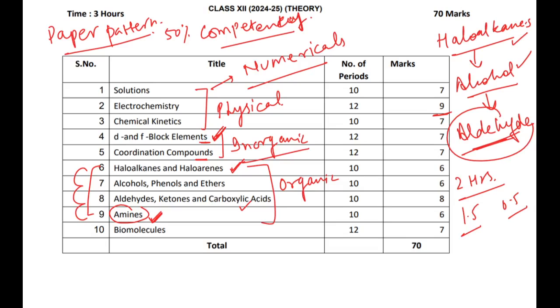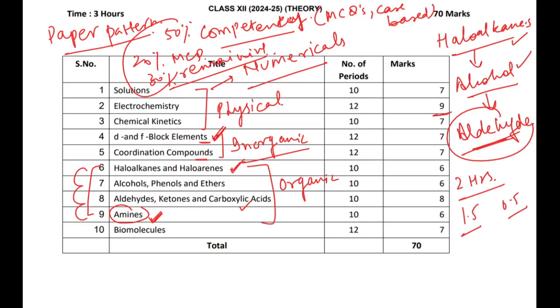That is competency based. These are MCQs as well as case based questions. So you will see 50% competency based questions, 20% MCQs, and 30% remaining questions, meaning the long and short questions. This change is there in this year's pattern.